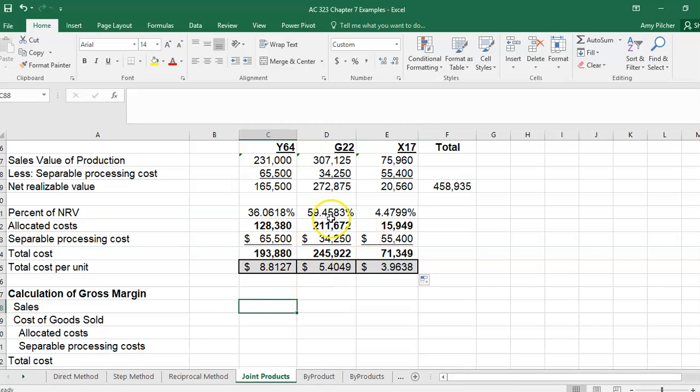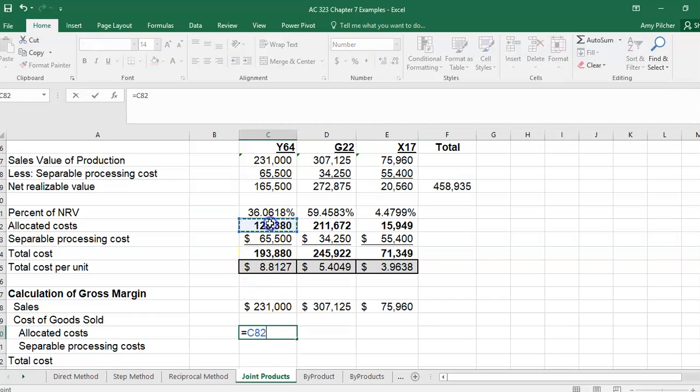Then we calculate what our gross margin is of each product line under this joint cost allocation method.